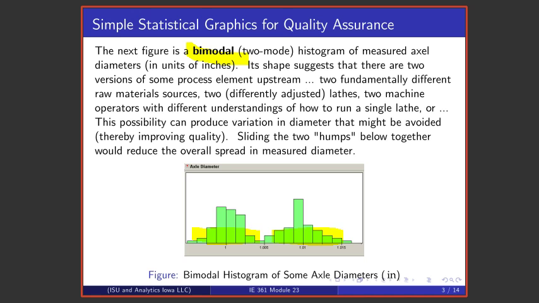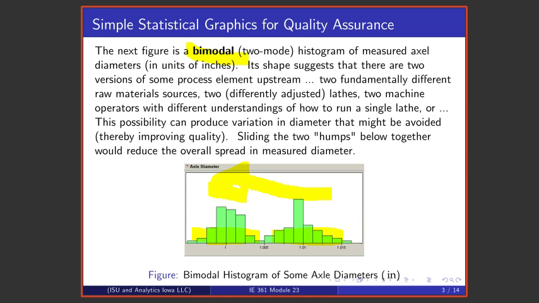That picture already begins to give one some ideas about what might be possible in the way of process improvement if one could take, say, the hump on the right and slide it to the left.